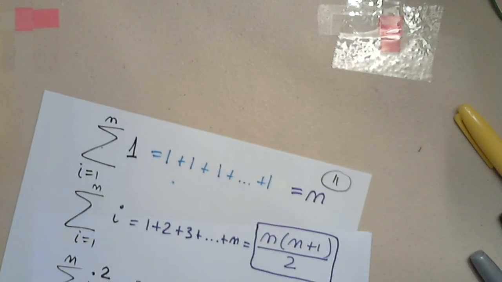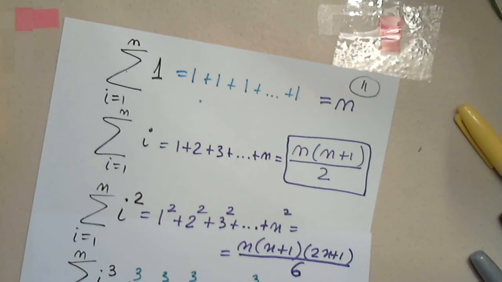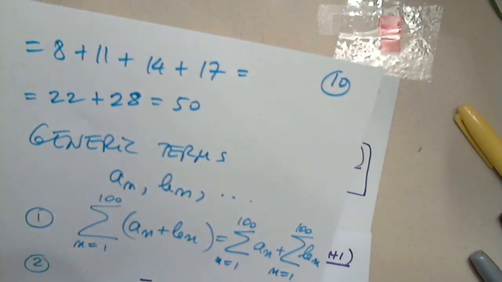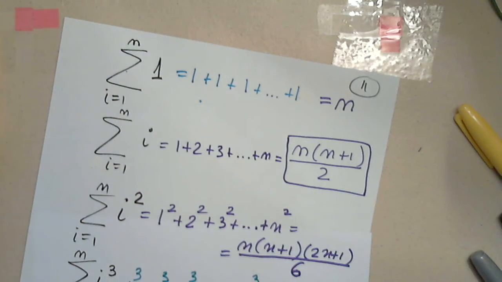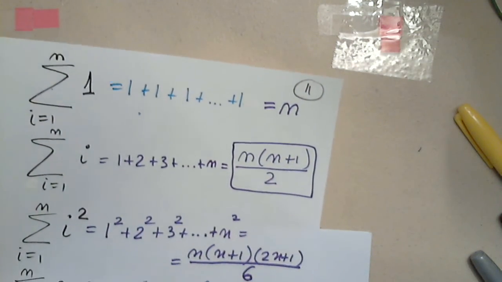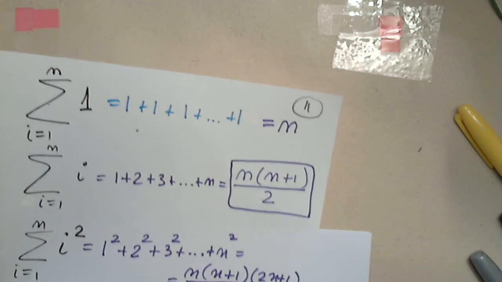And now we have a way of calculating those. So, first of all, we know the summation notation. We learned 3 properties of the summation notation, and we learned 3 identities that we have to memorize.